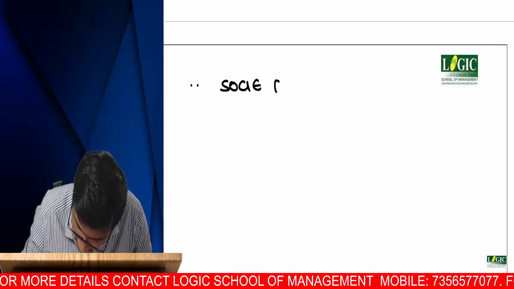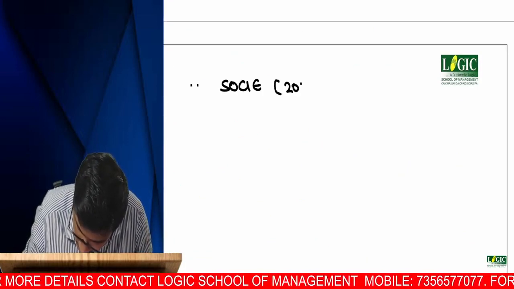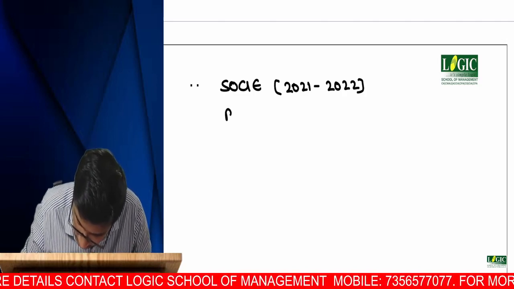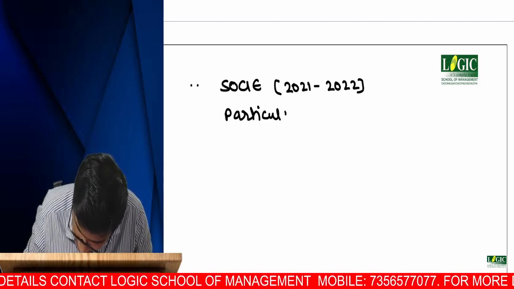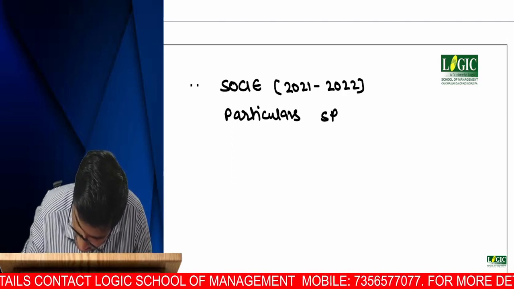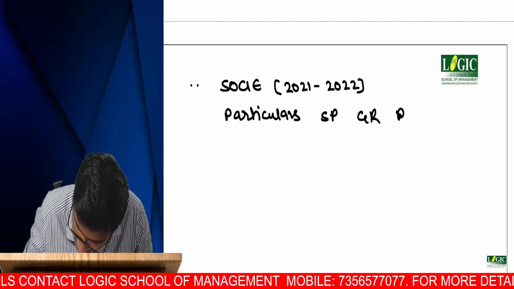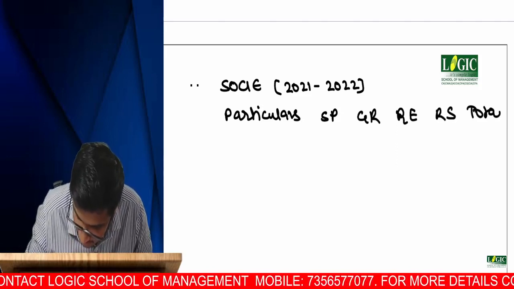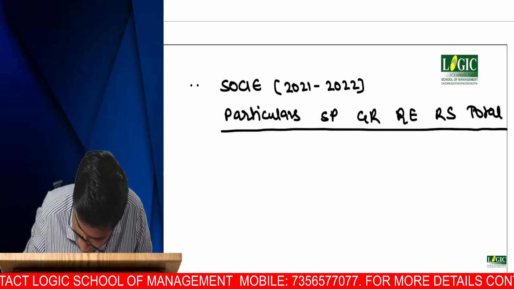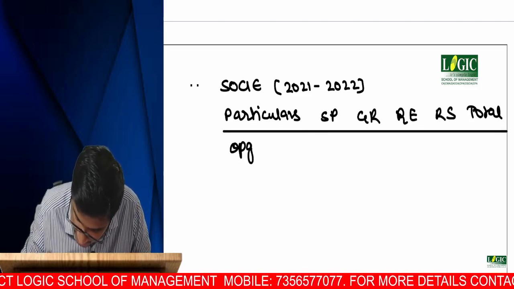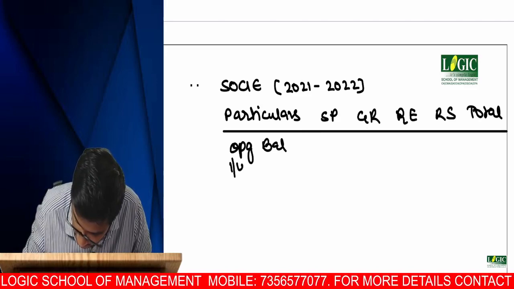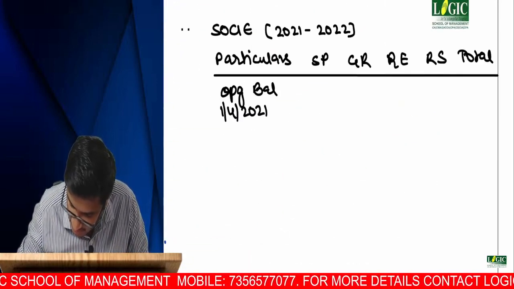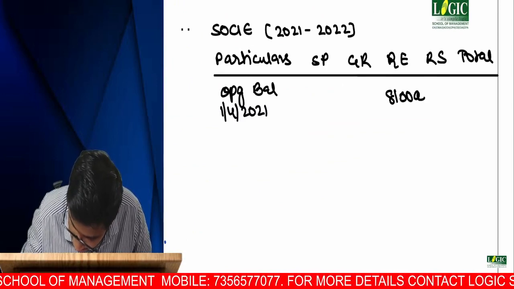Now we have to have SOCIE for which year? SOCIE for the period 21-22. Okay, particulars: securities premium, general reserve, retained earnings, revaluation surplus, total. What is your opening balance? That means on 1st of April 2021, I know my opening balance. It is 81 lakhs.